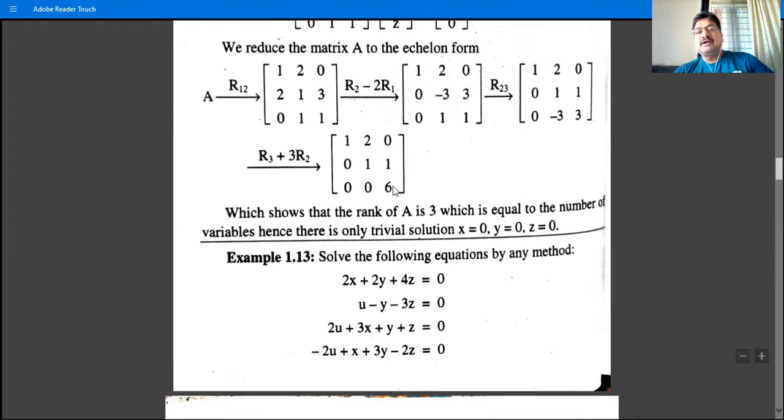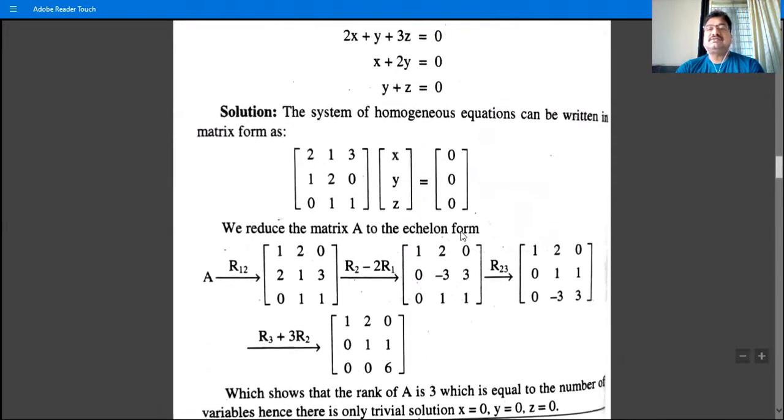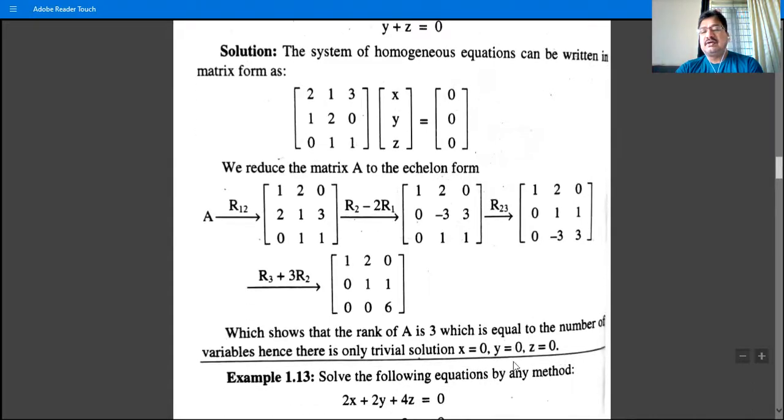If we substitute z equal to 0 in the above equation, we have y equal to 0. And substituting y and z as 0 in the above equation, we have x as 0. So x equal to 0, y equal to 0, and z equal to 0 is the solution of this system, the zero solution, the trivial solution.